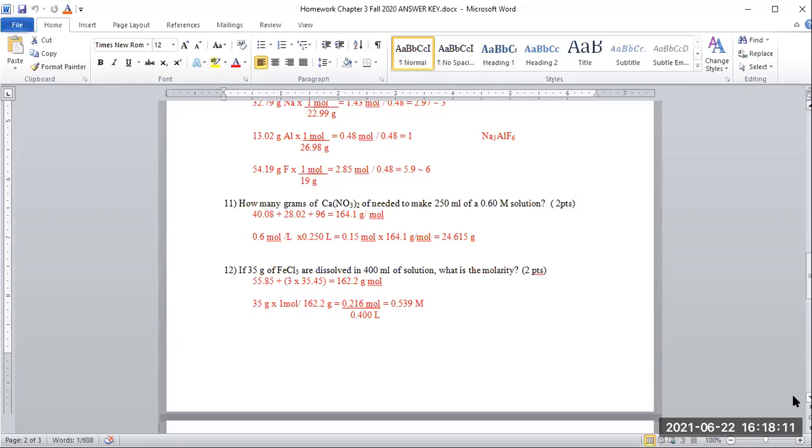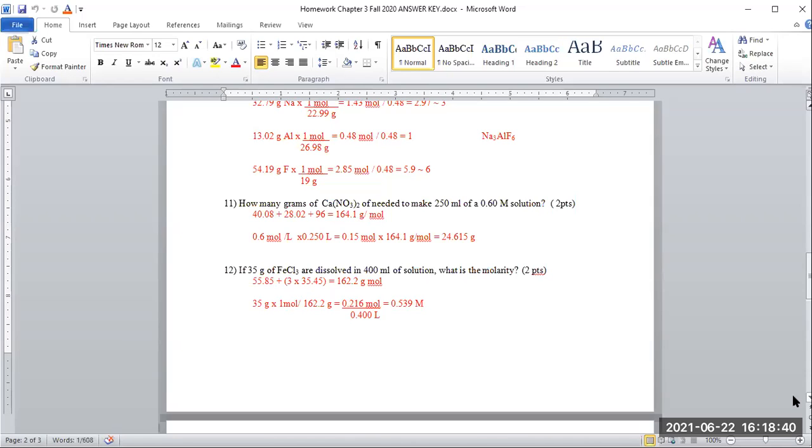Make sure you are moving your decimal place because it has to be converted from milliliters over to liters. That gave me 0.15 moles. And then I used my molar mass. So I would have weighed out 24.615 grams of my calcium nitrate.